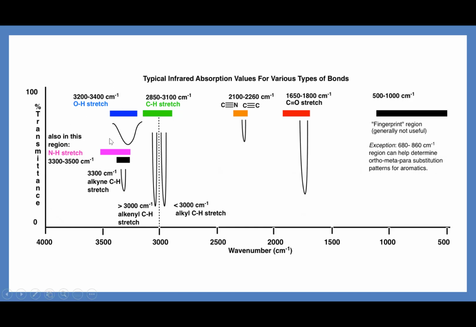In the region from 3000 upwards, common things we're going to see are OH stretches, from alcohols and from carboxylic acids. Typically in an alcohol, we're going to see this broad U shape, and it's typically relatively intense, possibly anywhere from 50% transmittance and down.